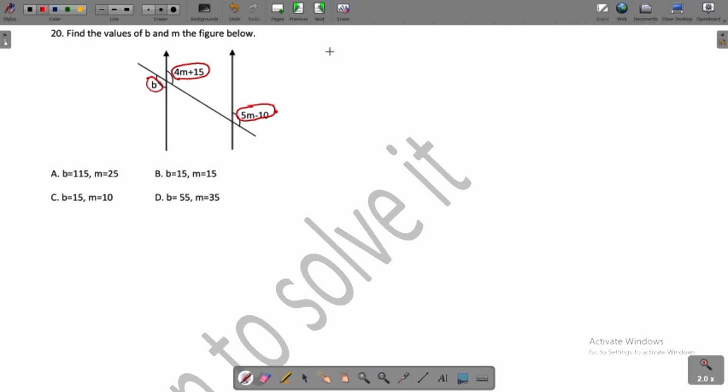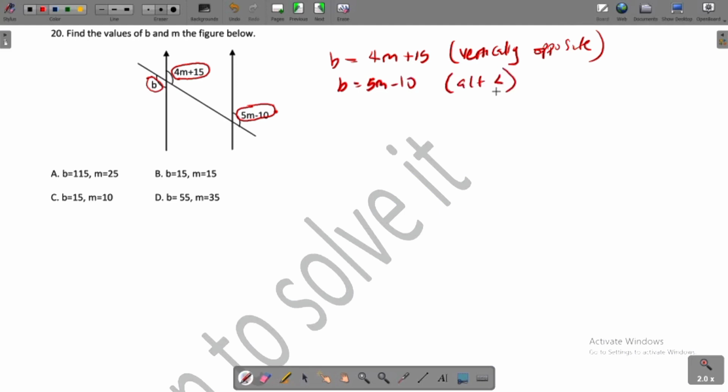So we have ways to just get this. One of these, we can just say B is equal to 4m plus 15, because they are vertically opposite. We can say B is equal to 5m minus 10, because they are alternate angles.